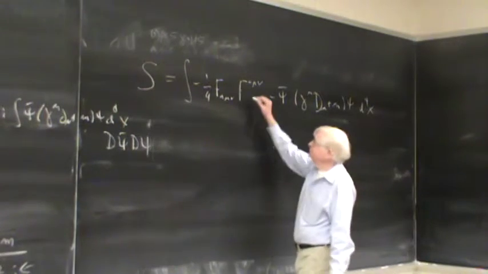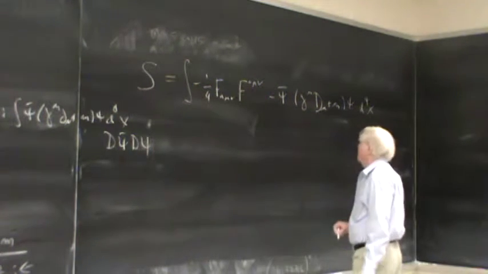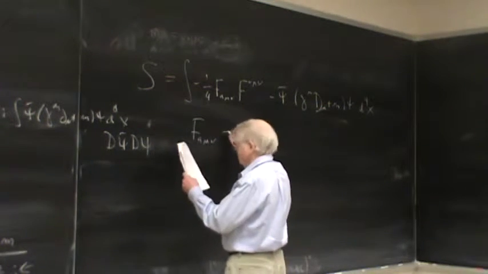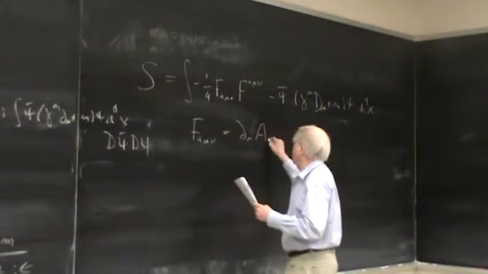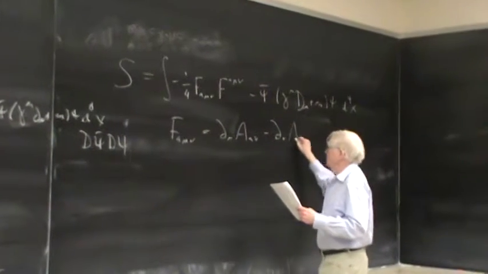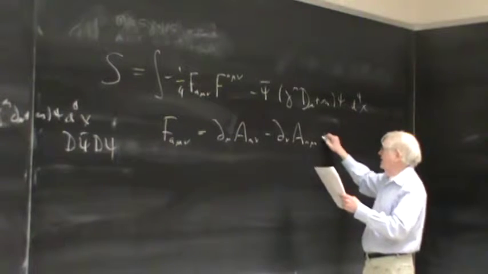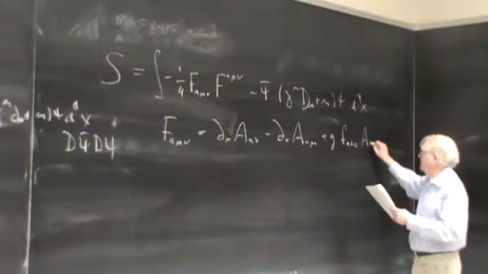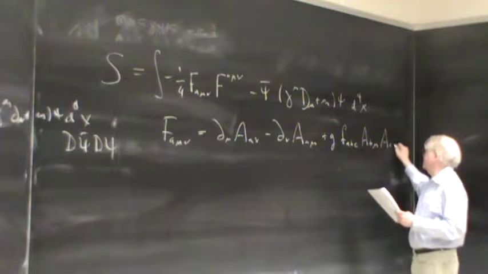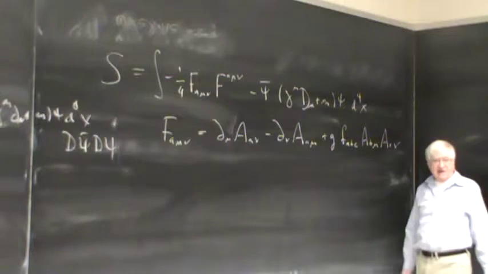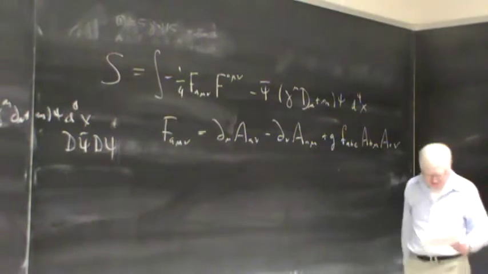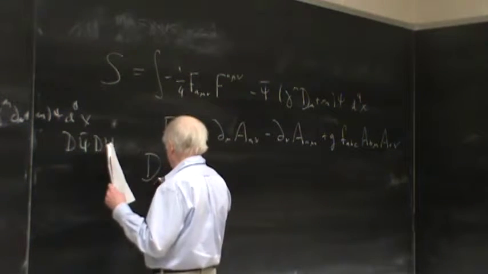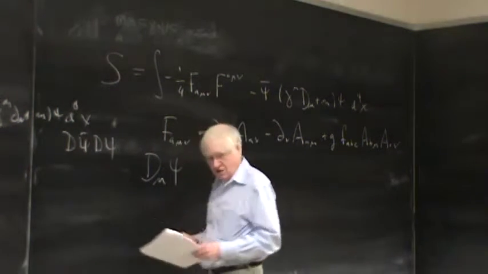And so what are these things? Well, first of all, F^a_{μν} is ∂_μ A_ν minus ∂_ν A_μ plus g times the structure constants of the group, f^{abc} A^b_μ A^c_ν. So, very nice expression, and there are nice ways of writing this, but I haven't rehearsed them lately.